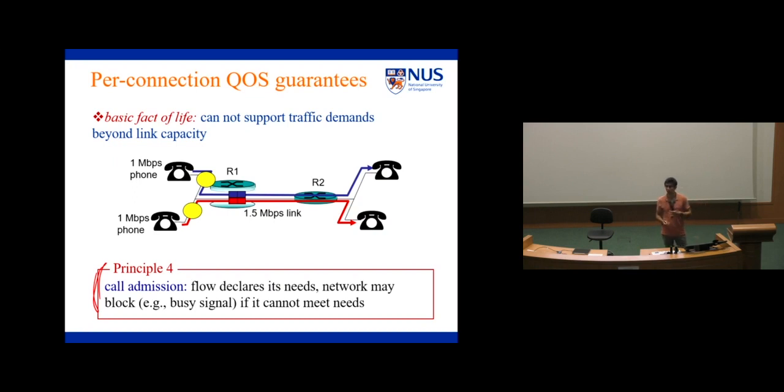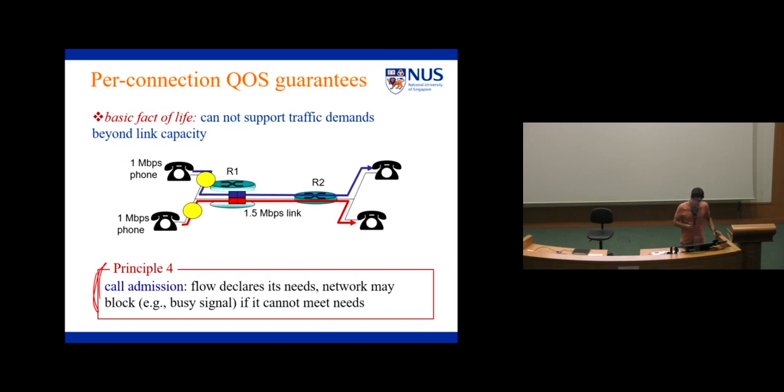You can just give out best effort service and let both of them waste their resources. Or you can just block one of them. The traditional telephony network is an example of that blocking, right? Once the call is admitted, they are guaranteed to use that service for the duration of the call.